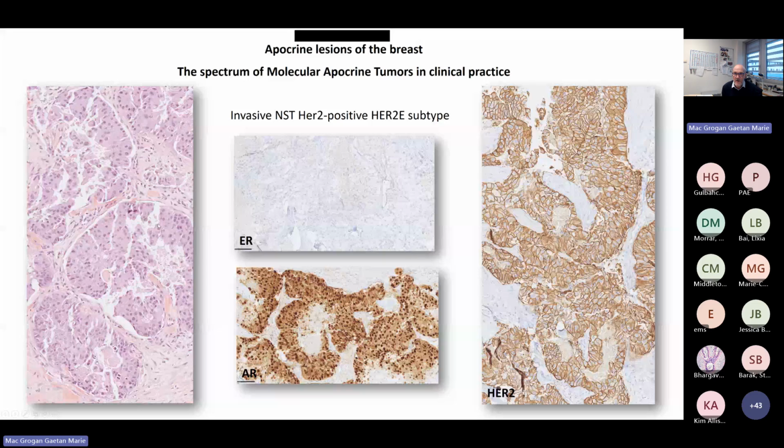So here's an example of an invasive NST, HER2 positive of the HER2 enriched subtype. As you can see, it's ER negative, strongly AR positive, and it shows a 3+ staining with HER2.